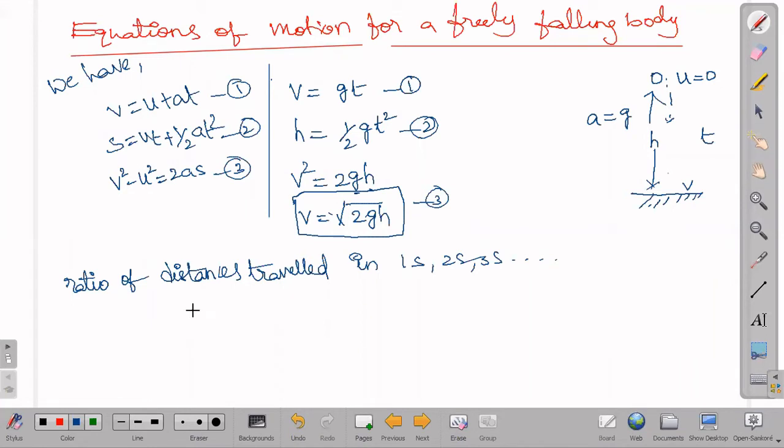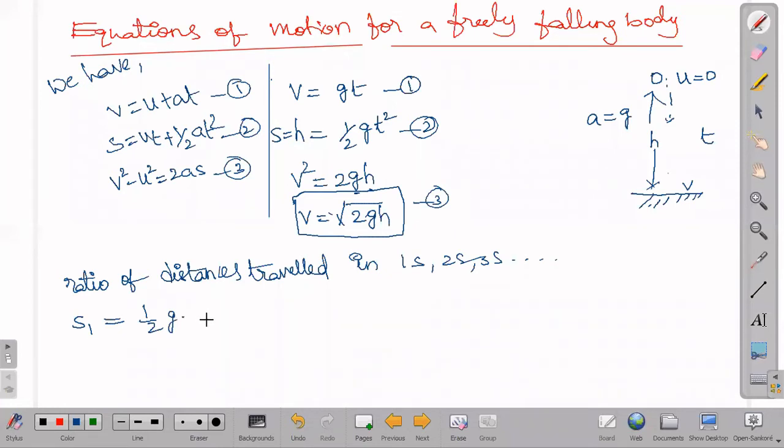How much distance will it travel in 1 second? This is the distance traveled, s, so I will take it as h only. I will write it as S1. S1 is equals to, because the first distance I am calculating, half g t square. Half into g into t value is 1, 1 square is 1.